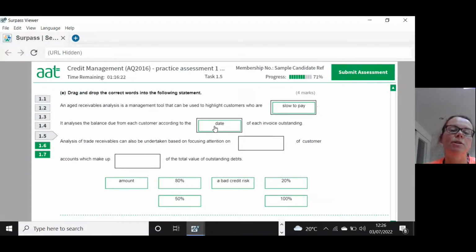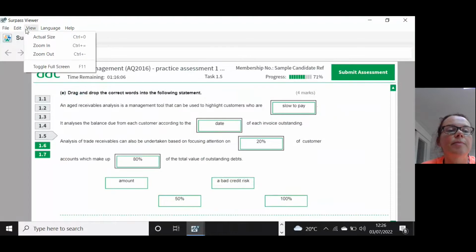Analysis of trade receivables can also be undertaken based on focusing attention, this is that 80-20 rule, so not many of the customers, 20%, which make up 80% of the total value of outstanding debts.